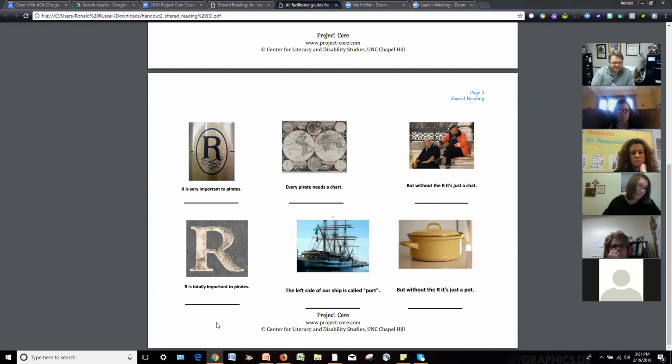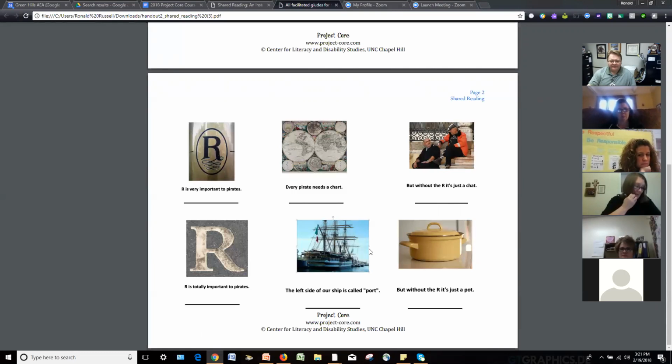Even I like, in regards to pirates or R, whichever direction you want to go. Yeah, sure. Absolutely. And if you just happen to have a student with an R in their name, you can imagine you could pull that in as well.